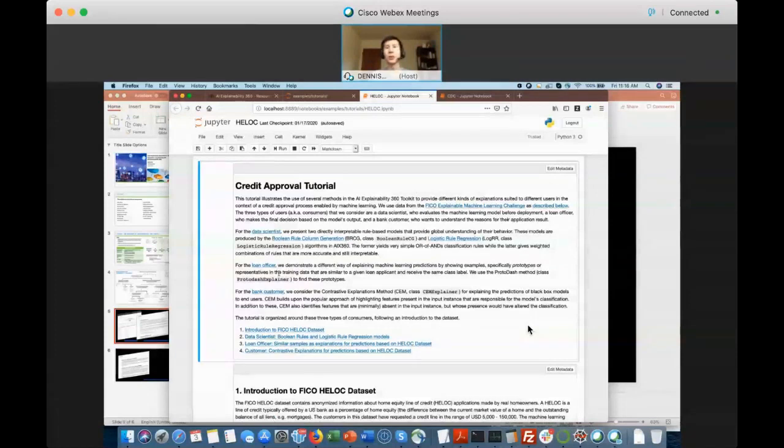So this is a person who's looking at the recommendations of the machine learning model and trying to make a final decision. For this loan officer, we'll be providing prototypes through the Protodash algorithm. These are examples from the training set that are similar to the applicant in question that hopefully can provide more context, give the loan officer more confidence.